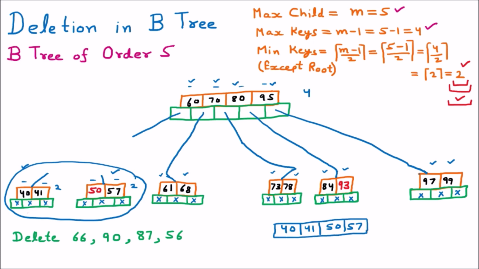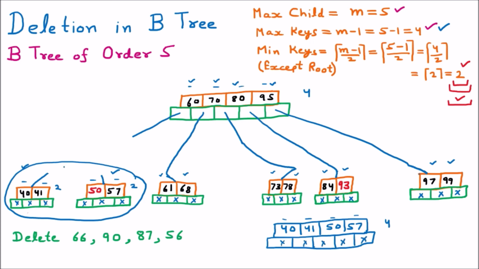You can see 1, 2, 3, 4 means 4 keys, and what is the maximum key criteria? It is 4. That means if we merge them, it will still be a B tree of order 5. And afterward, if it has 4 keys, it will obviously have 5 children, and there is no further child available. That's why we put the cross.